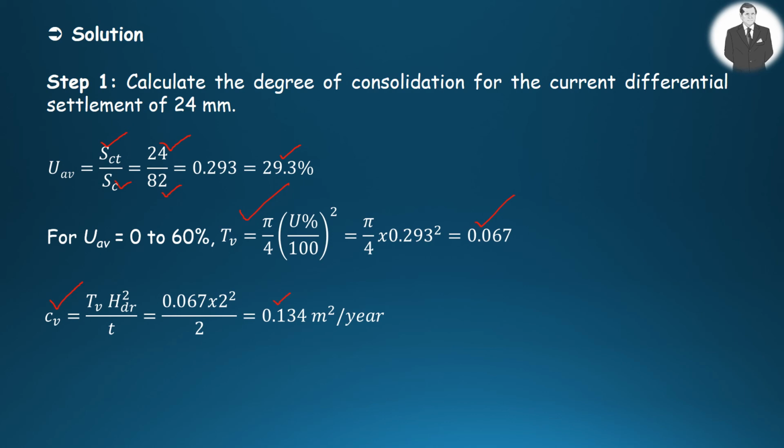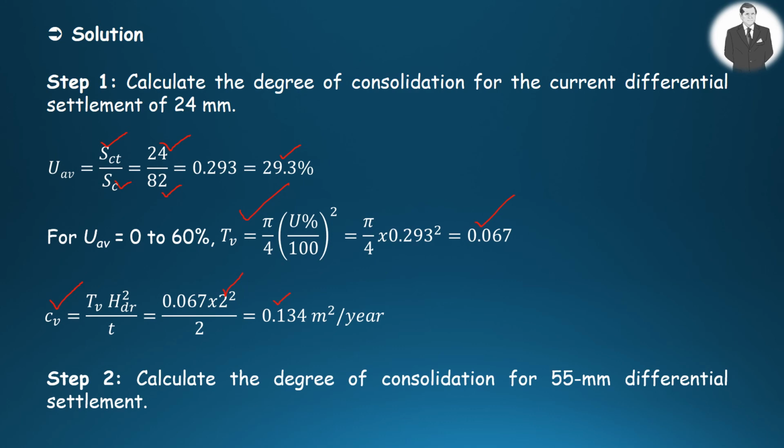Notice that the drainage path is 2 meter, which is the thickness of the clay layer beneath foundation B, because the clay layer is underlain by a rock layer, which is impermeable. Therefore, there will be one-way drainage from the top of the clay layer. That's why the drainage path is equal to the thickness of the clay layer beneath foundation B.